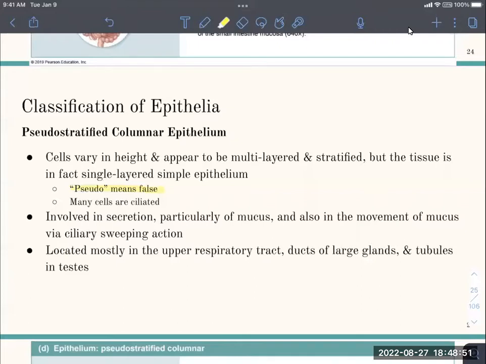Where we have simple or pseudo-stratified columnar epithelium, we use it for secretion of mucus. Also, the movement of mucus via that ciliary sweeping action in the trachea that helps move mucus up. So it's found in that upper respiratory tract, ducts of large glands, and tubules in the testes.